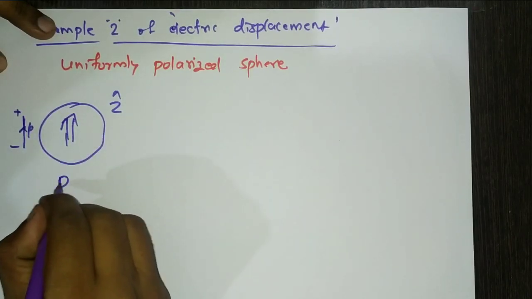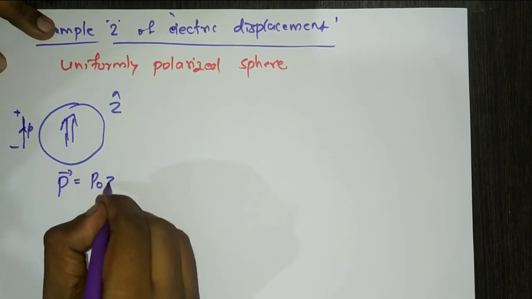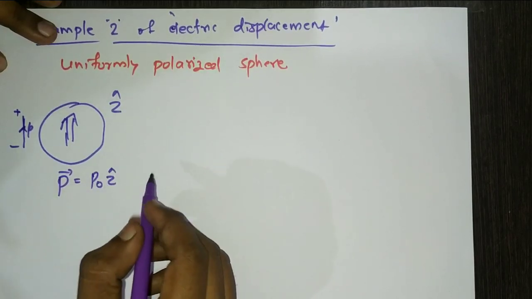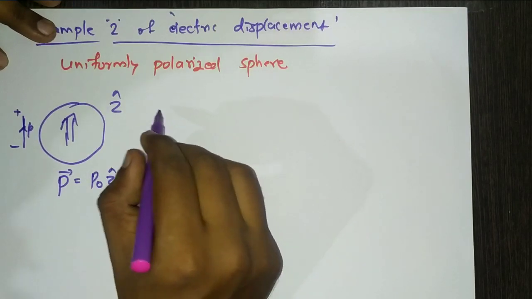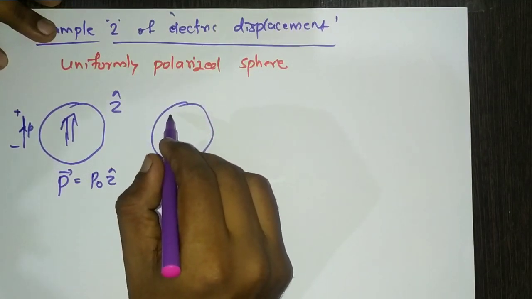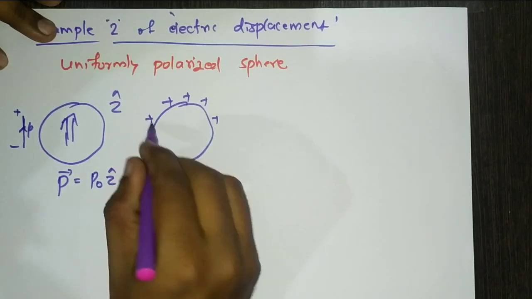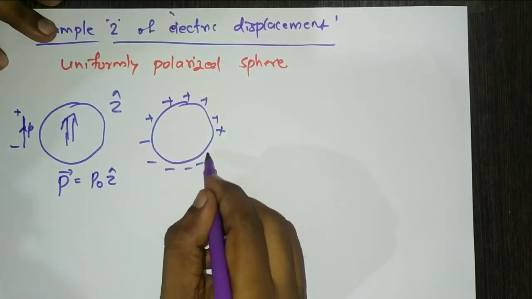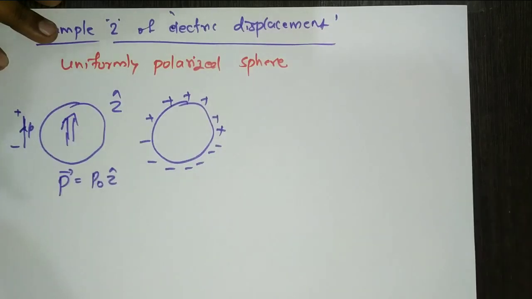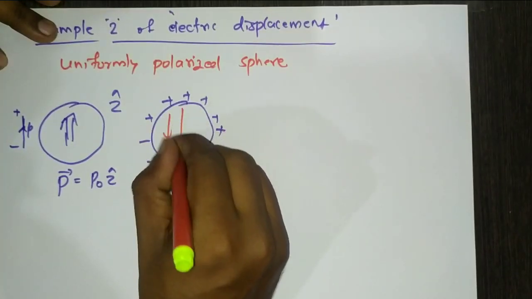Then the polarization P is given as P0 z cap, and you know the electric field inside this dielectric material because of this polarization, that is, charges accumulated will be along this direction, from positive to negative.